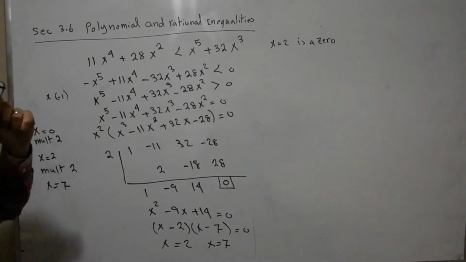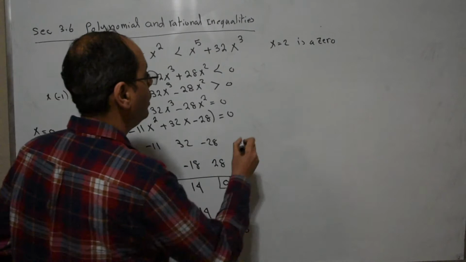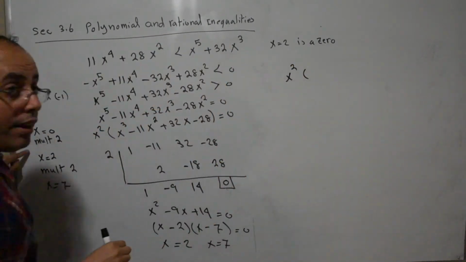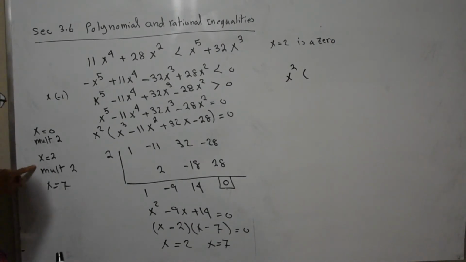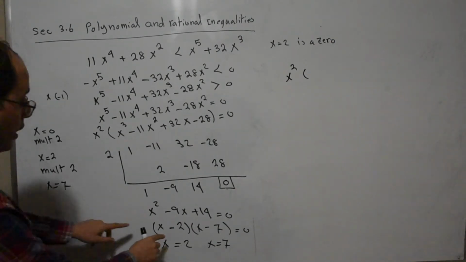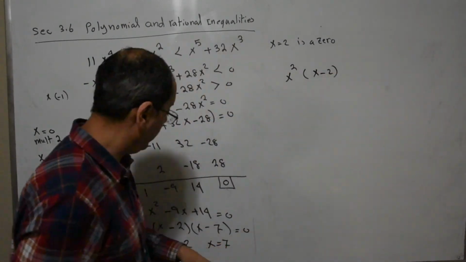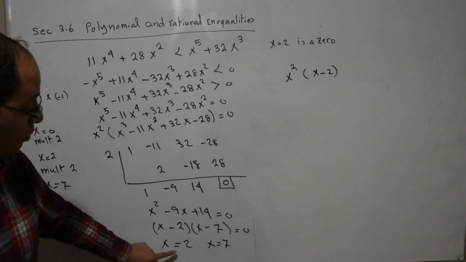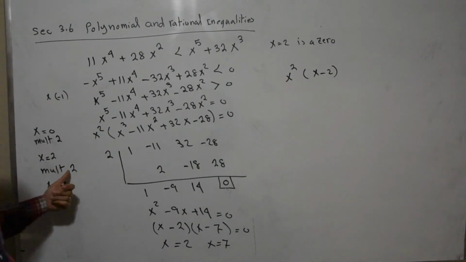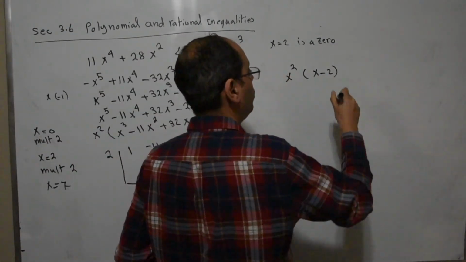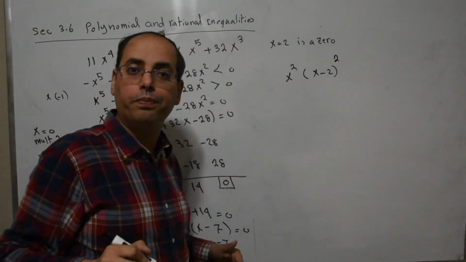So let's write the equation in factored form. I have x squared, because of multiplicity 2. And then I have x minus 2. But guess what? I have this twice, so that must be with multiplicity 2, so I have to write squared.